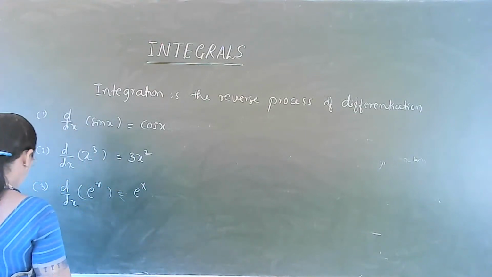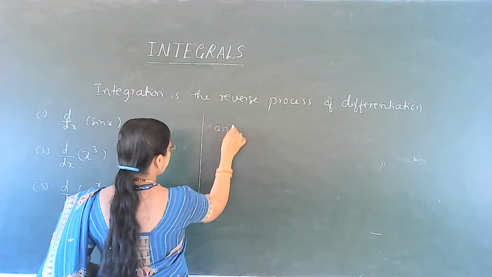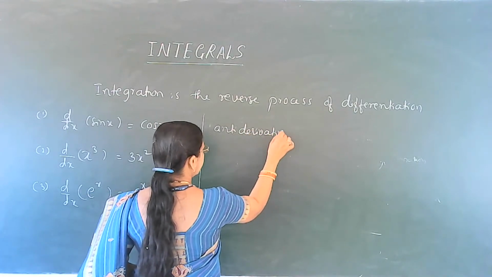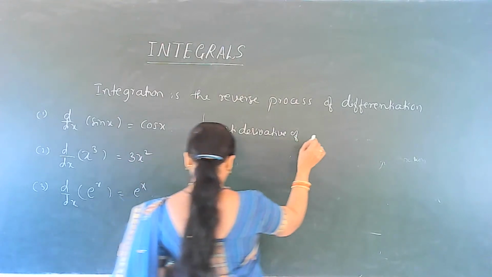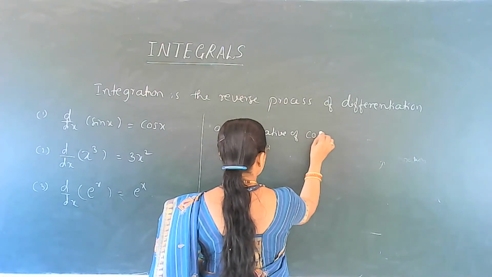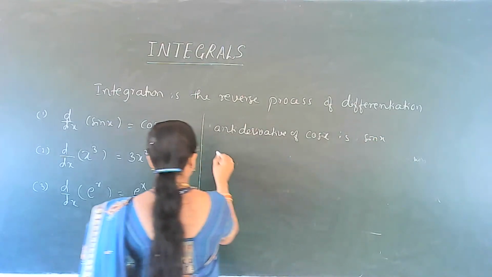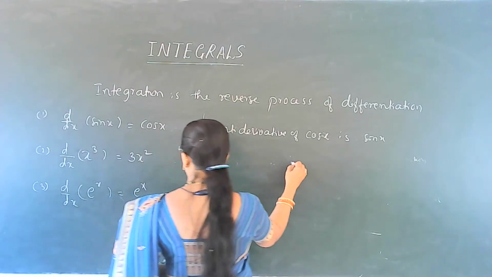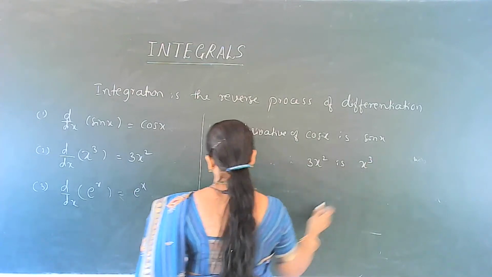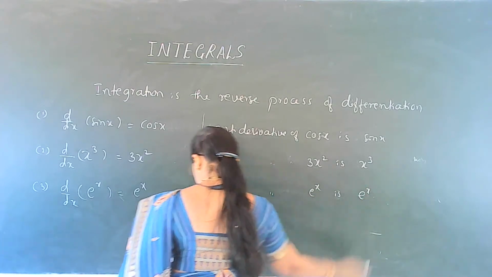Since the antiderivative of cos x is sin x, the antiderivative of 3x square is x cube, and the antiderivative of e to the power x is e to the power x.